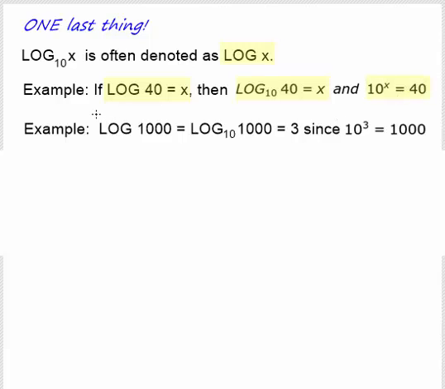Here's another example. Log of 1,000 is the base 10 log of 1,000, and that will equal 3, since the exponential form of that is 10 cubed equal 1,000.